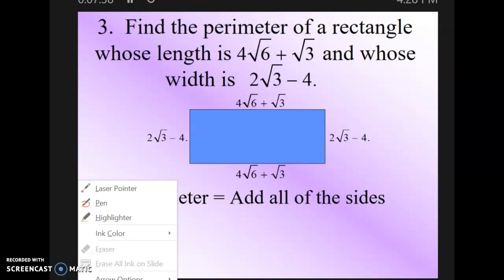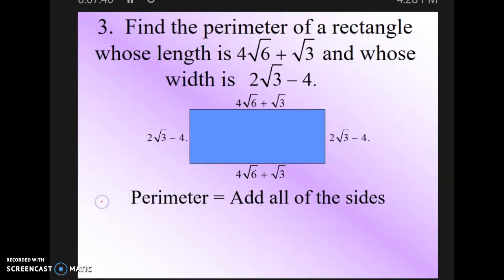Okay, so this -4 and this -4 at the end will combine to -8. This 2 square root 3 combines with this square root 3 and this square root 3, and there's a number 1 understood in front of it.